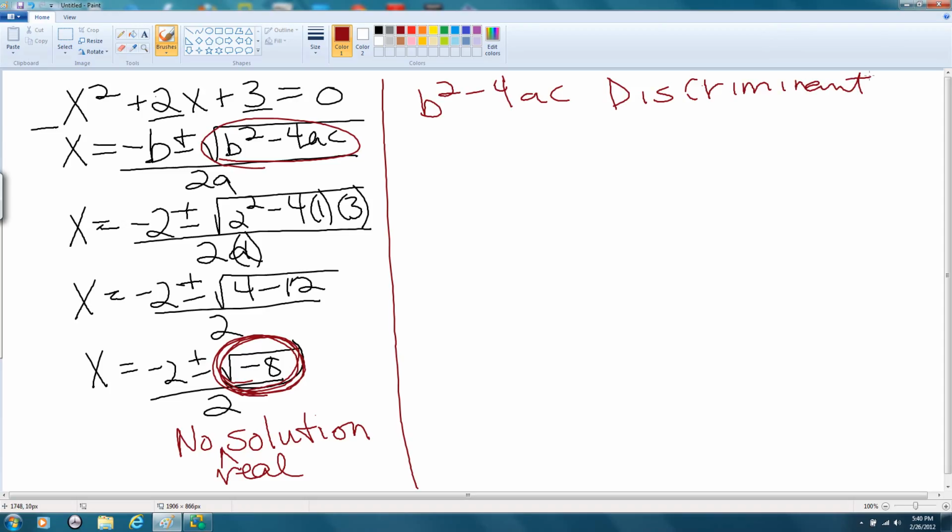Okay, sorry for the writing there. Now, if this b squared minus 4ac, or the discriminant, is less than 0, then there's going to be no real solution.